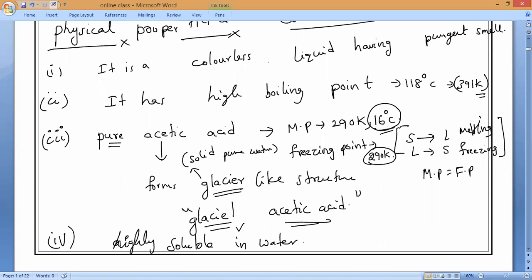Yes, these are the physical properties. Ethanoic acid is highly soluble in water, or you can say a miscible liquid. Please remember, miscible with water in all proportions, which means any ratio we can give, it will be soluble in water. All proportions.